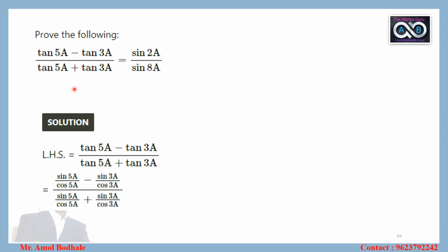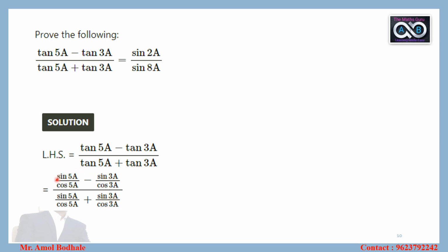Okay. So if I consider this tan of 5a minus tan of 3a upon tan of 5a plus tan of 3a, we have the option to write tan as sin upon cos. Yes. Now if I write tan 5a as sin 5a upon cos 5a minus, similarly tan of 3a as sin of 3a upon cos of 3a, divided by tan 5a as sin 5a upon cos 5a plus tan 3a as sin 3a upon cos 3a.